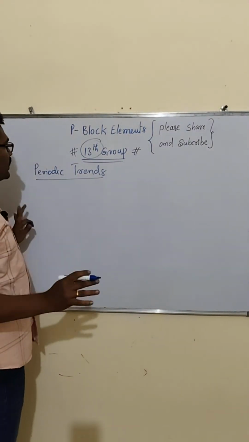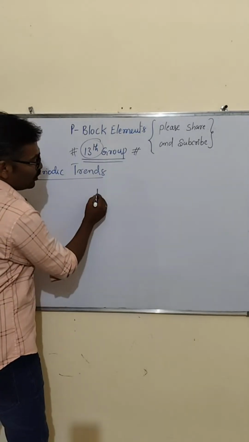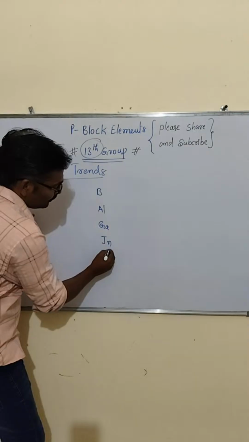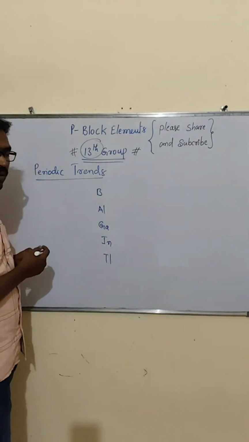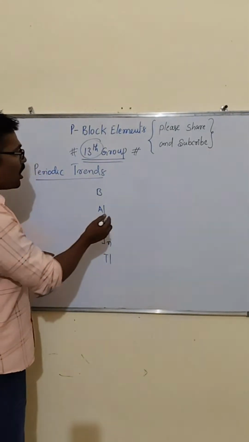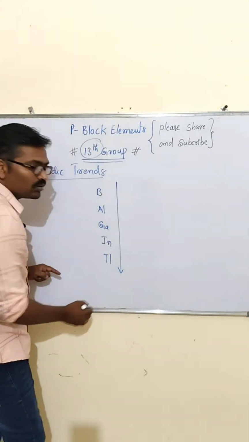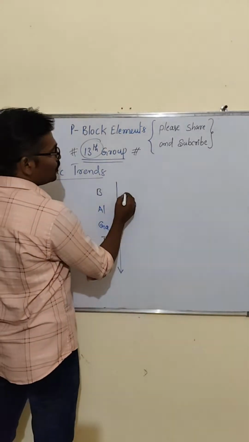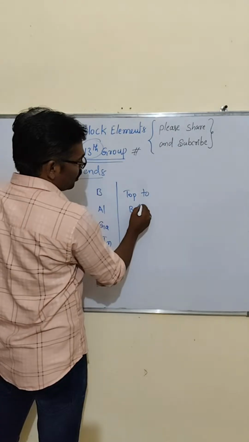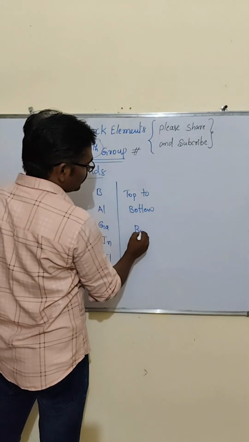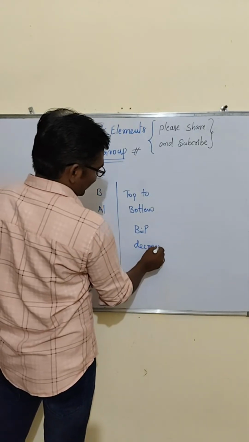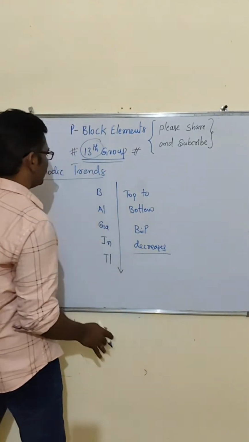Look at the periodic trends first: boron, aluminum, gallium, indium, thallium. From top to bottom, boiling points decrease. Exceptions are there, which we'll discuss later.